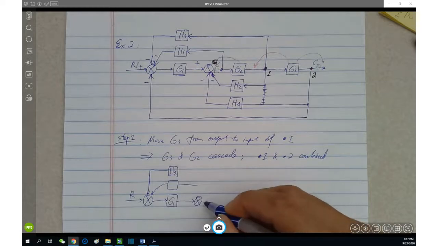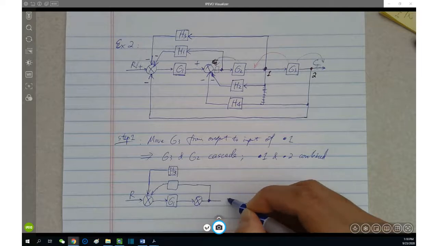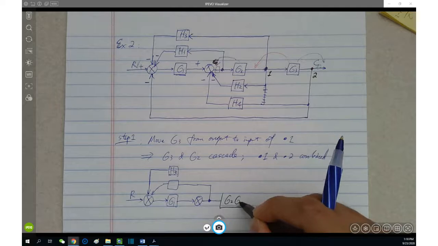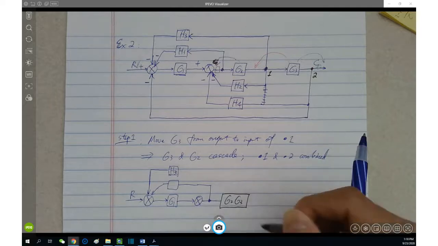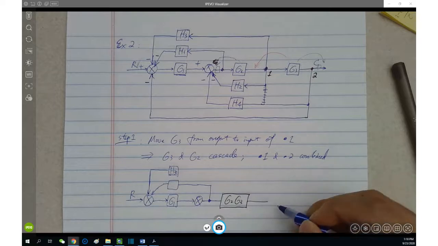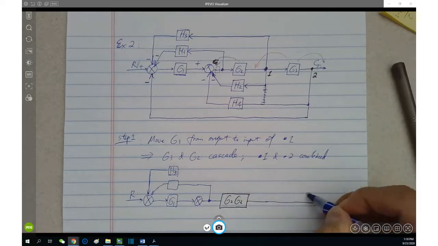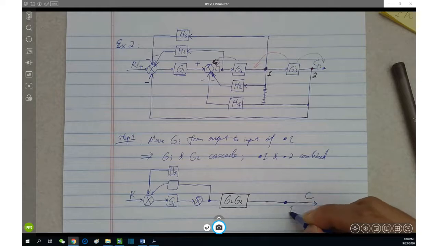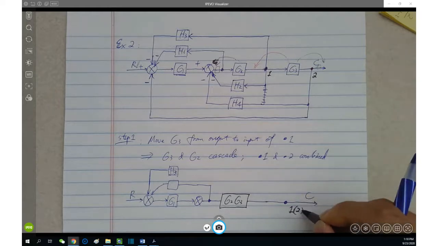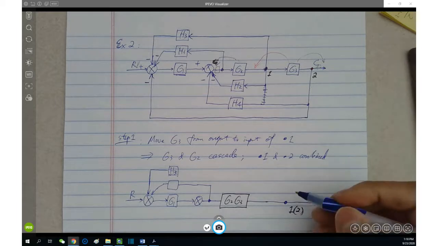And then G2, G3 combined, no problem. This is exactly what we are doing here. See, pickoff point 1, the two combined.